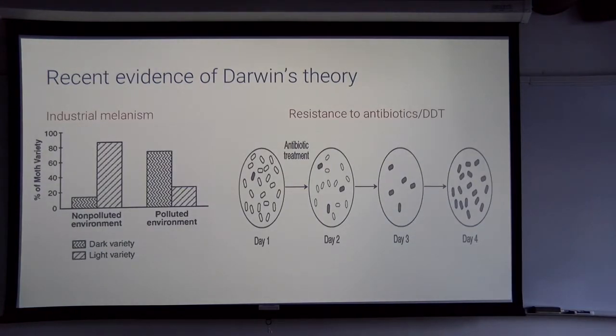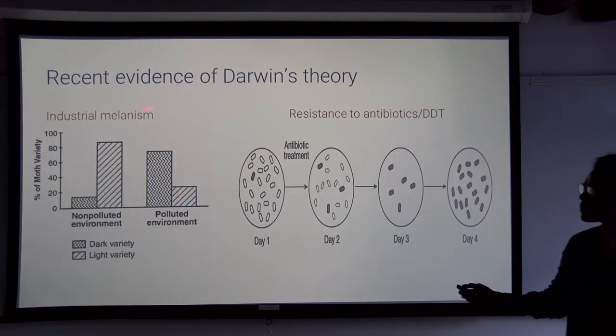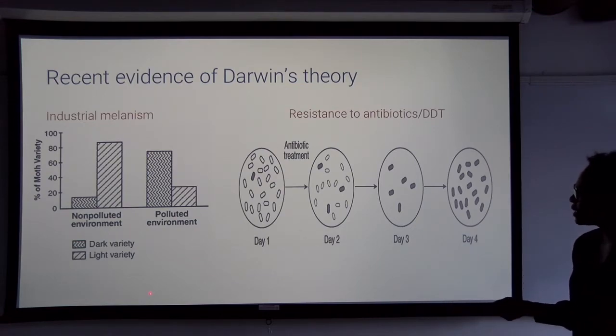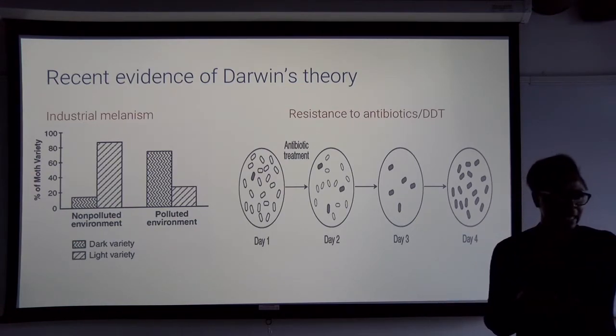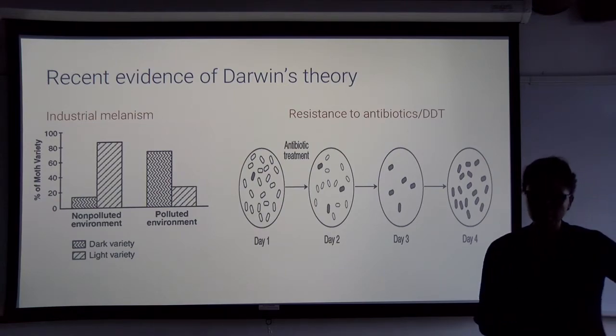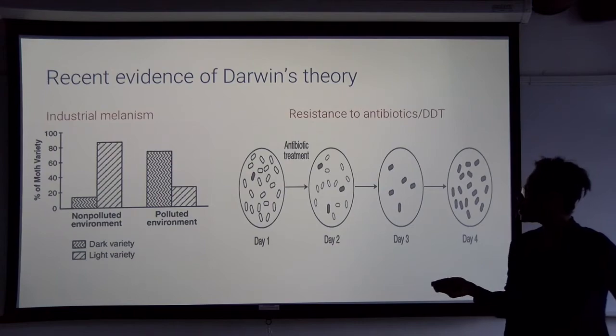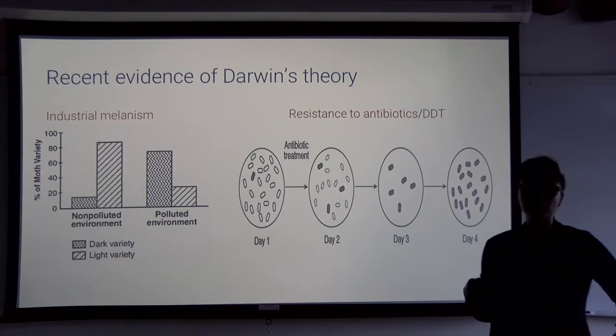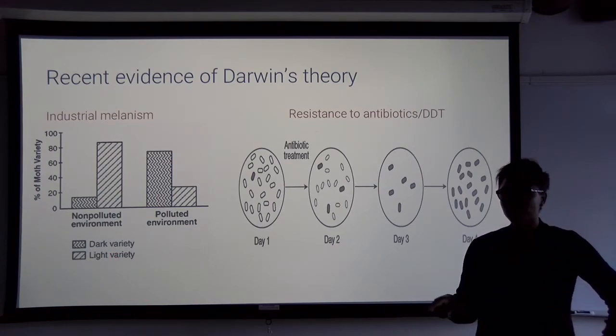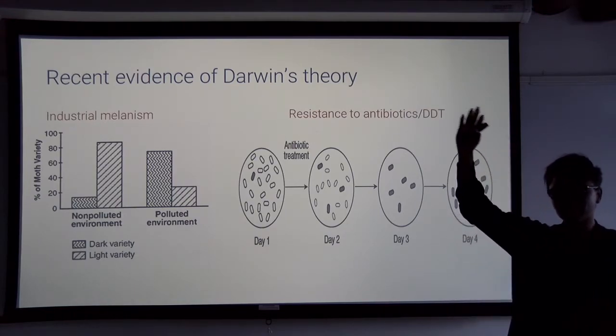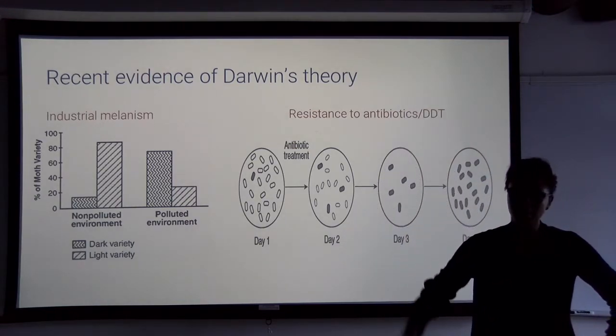Here's some recent evidence of Darwin's theory of evolution. A popular question to see on the test is the peppered moth. You guys discussed this in class during the Industrial Revolution, where the bark of the trees was light colored originally. So the light colored moths were able to blend in. And then after the Industrial Revolution, the soot ended up in the air, causing the bark to get darker.